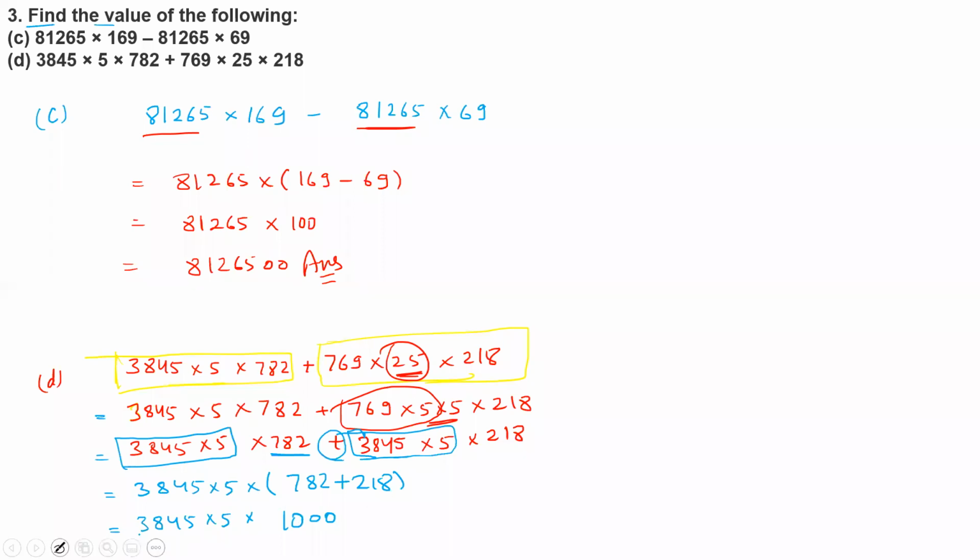If you multiply 3845 by 5, what will you get?